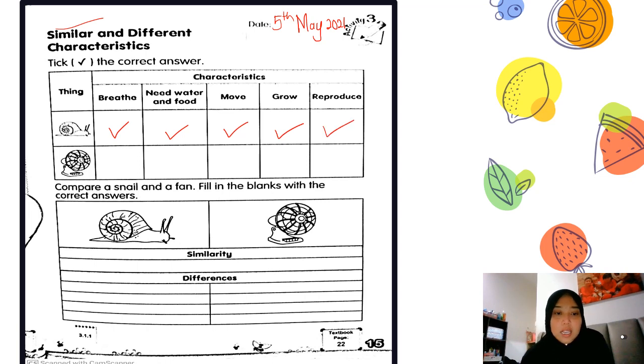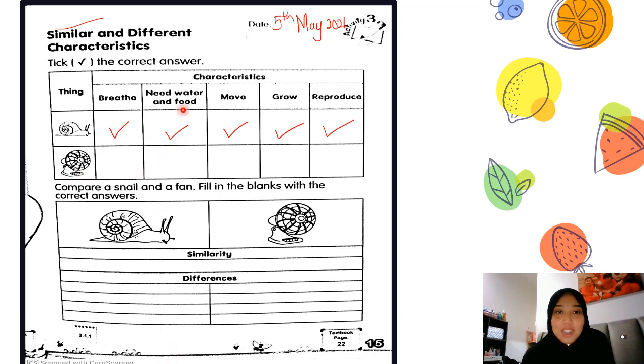Now, let's take a look at the second one. It's a fan, kipas. Betul tidak? Does fan breathe? Adakah kipas bernafas? No. So you don't have to tick. Right. Does the fan need water and food? No. Correct.